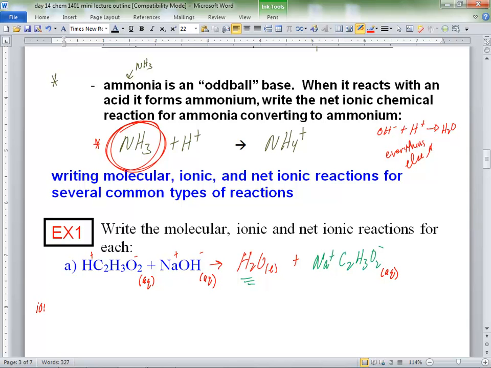Okay. So that's my molecular. I need the ionic and the net ionic. Okay. The ionic, do I break this up? I wrote AQ on it, but life is more complicated though, because it's an acid. You only break up which acids?